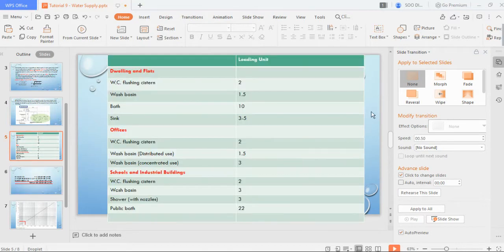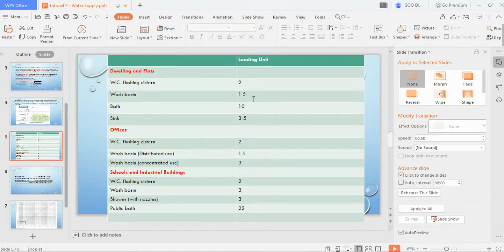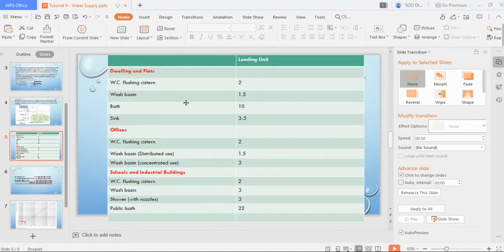From this table, you'll be able to extract that the WC is 2. So 2 multiplied by 2, you get 4 loading units. Your wash basin is 1.5, so 1.5 multiplied by 4, you get 6.